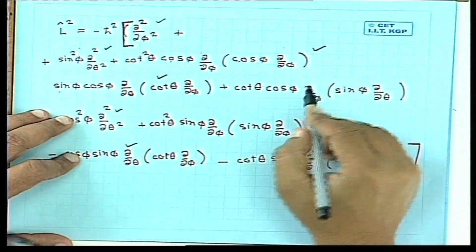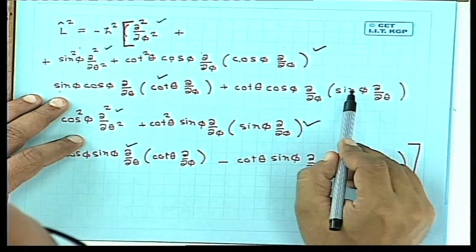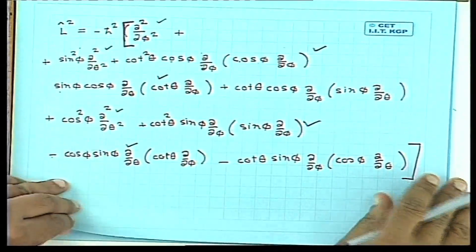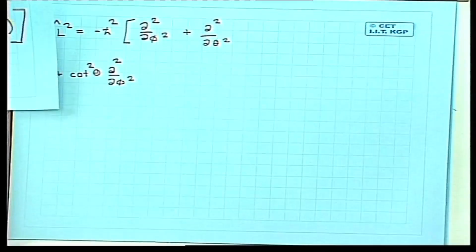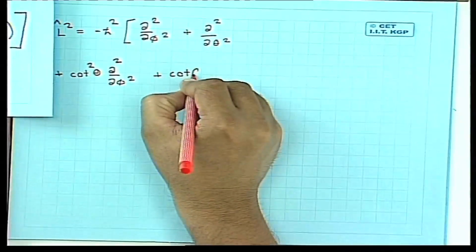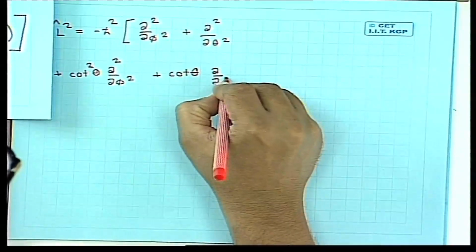So the resultant of these two terms is plus cot theta del by del theta.